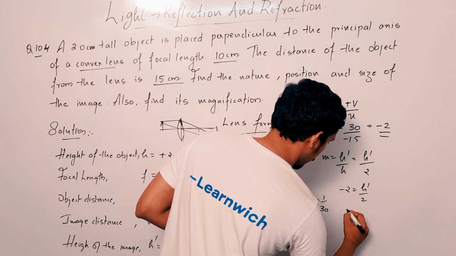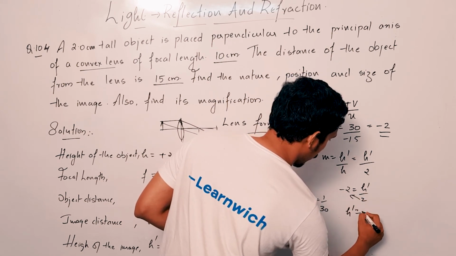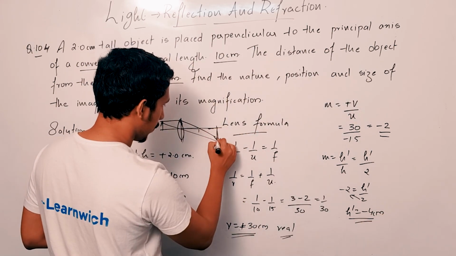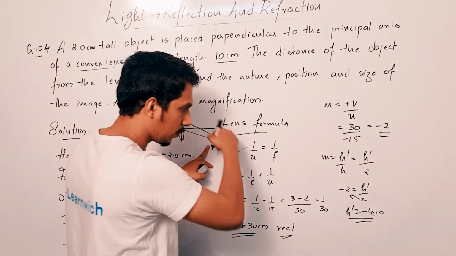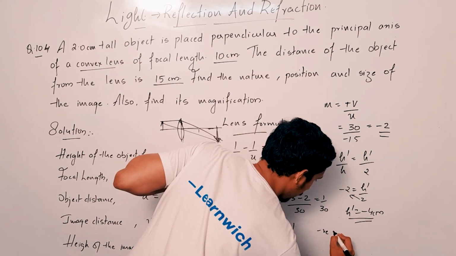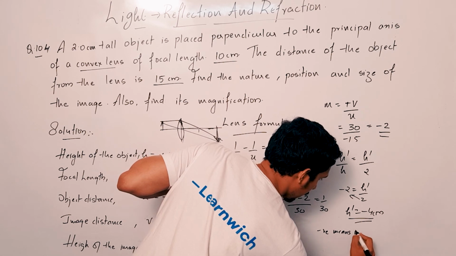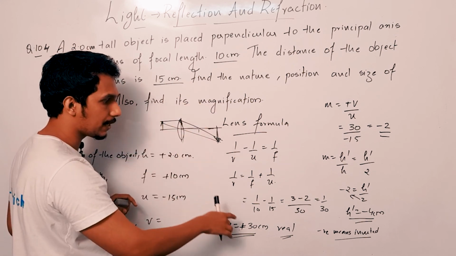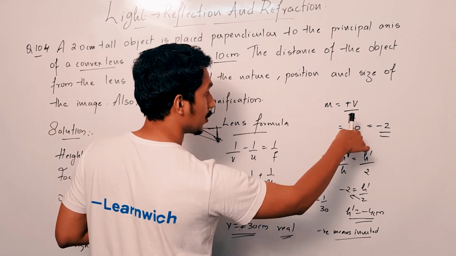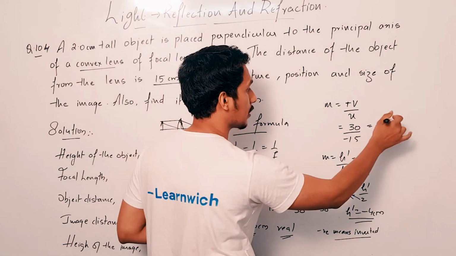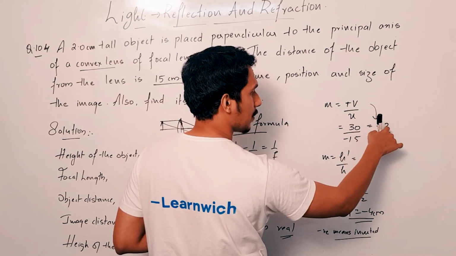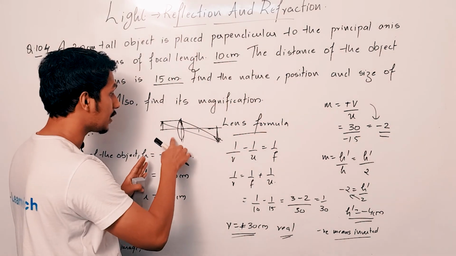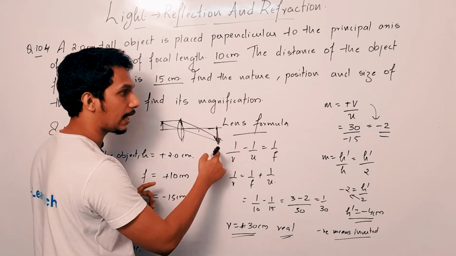You get h dash is equal to -4 centimeter, which means the negative sign means it is downward, inverted. The height is negative, which means the image is inverted, and we have magnification 2. This minus means height is negative, but 2 means it is 200%. It is an enlarged image.